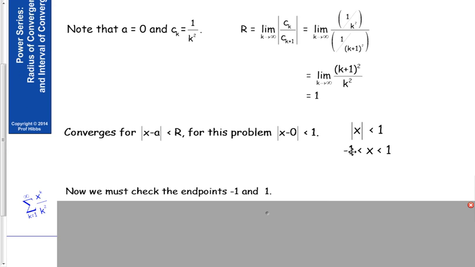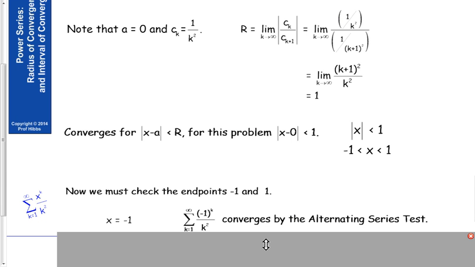Now, we know it converges in between. Does it converge at the endpoints? It converges inside the interval, but does it converge at the endpoints? And so we need to check the endpoint x equal -1, and we need to check the endpoint +1. Remember, what are we checking? We're checking whether this series in blue, that's the original series, converges when x is -1.